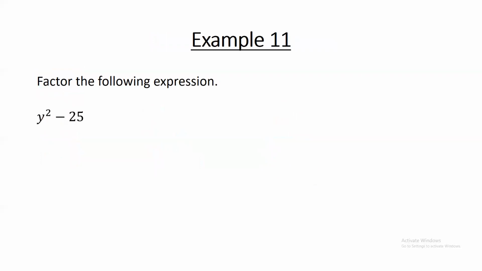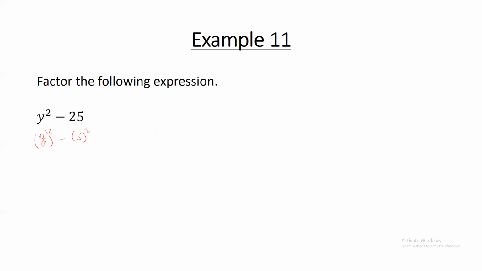Let's say that we want to factor y² - 25. Well, y² - 25 is clearly a difference of two perfect squares because y² is obviously the quantity y squared, and 25 is clearly 5 squared.